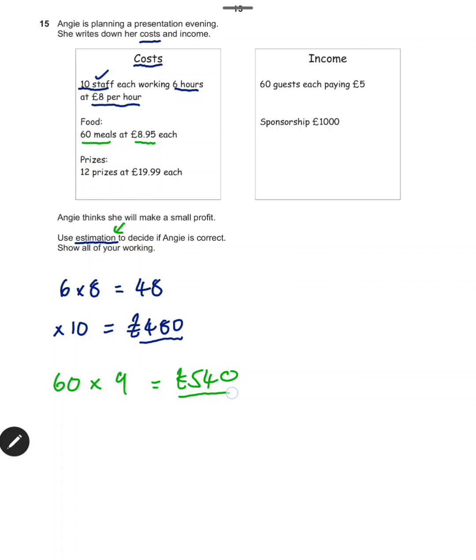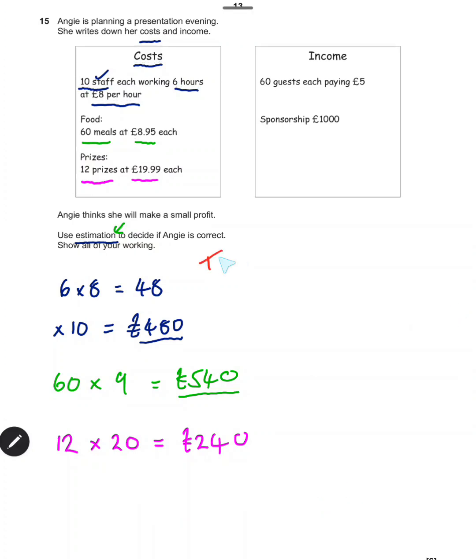And that is what she pays for food. Prizes, there are 12 prizes at £19.99. Well, I'm going to do 12 not lots of 19.99, but lots of 20. Remember, we're estimating. So 2 12s are 24. And again, just whack a 0 on the end.